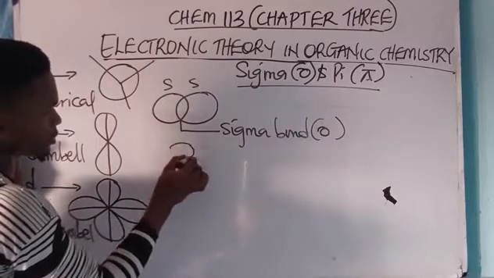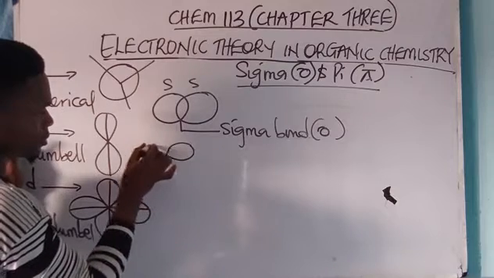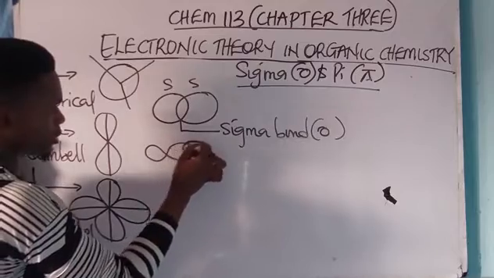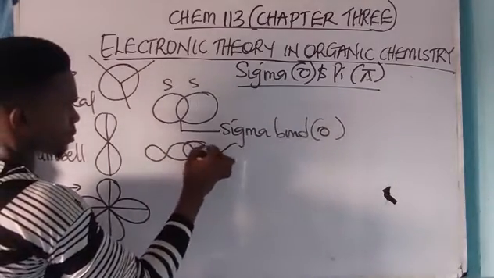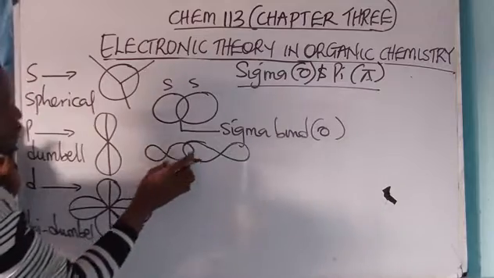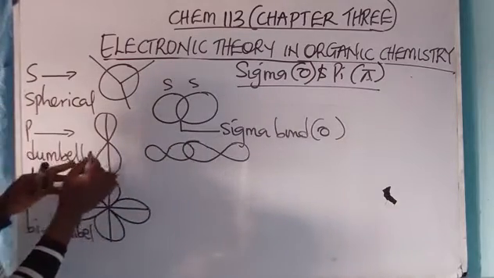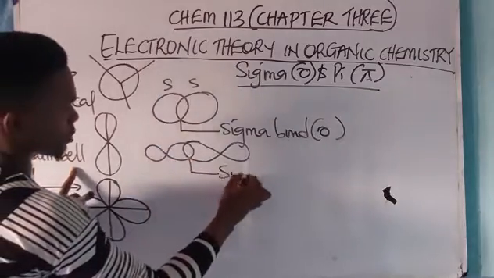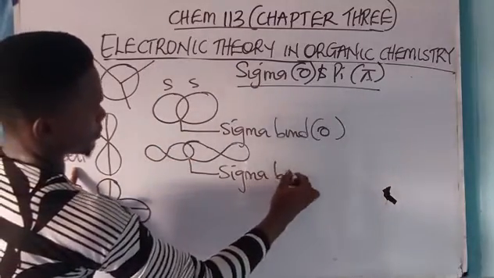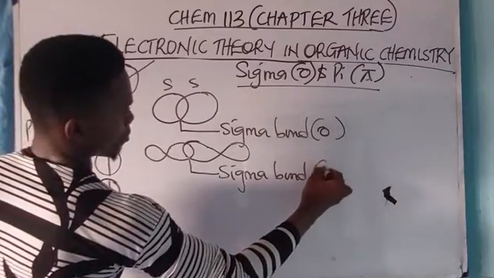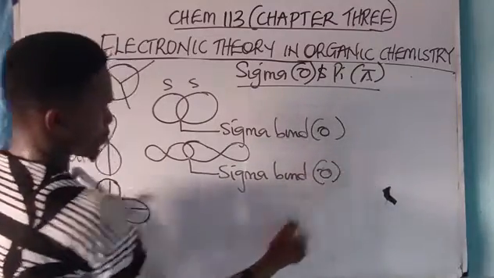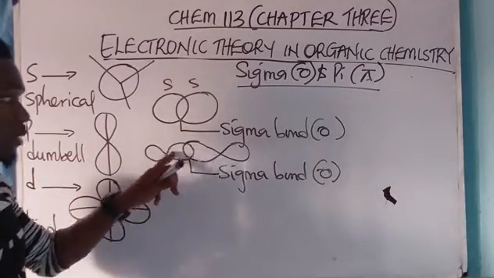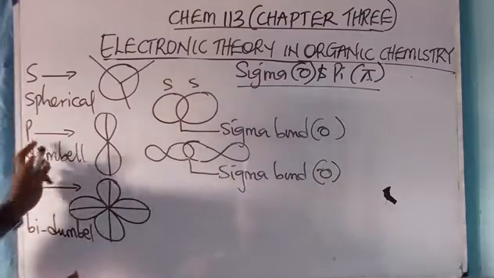Now the combination of two linear p orbitals, like if I have one like this. The linear combination of two p orbitals produces what?